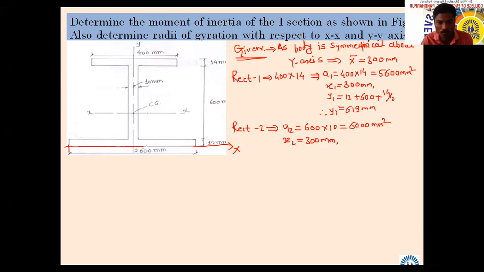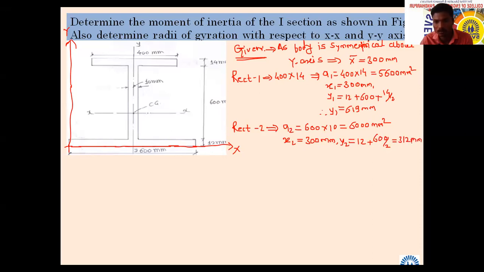So first task is to give its dimensions. In this way, it will be y. So x2, then y2 is 312, which is 12 plus 600 by 2, so it will be 312 mm.